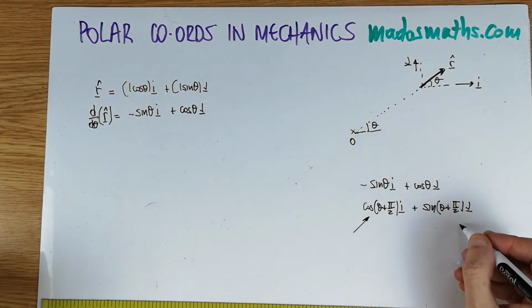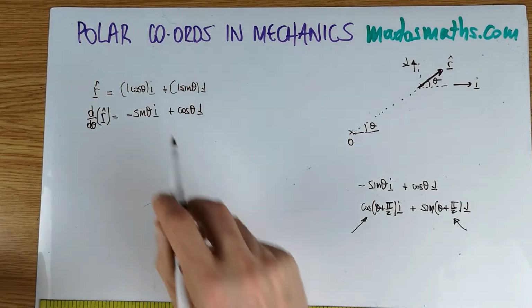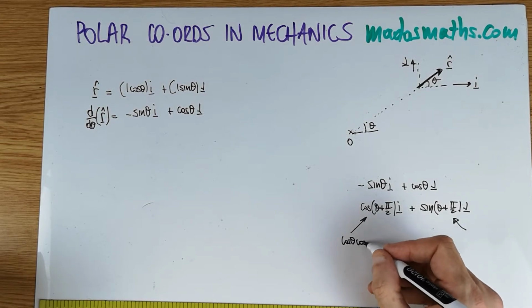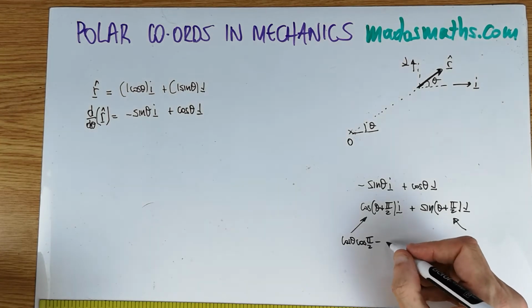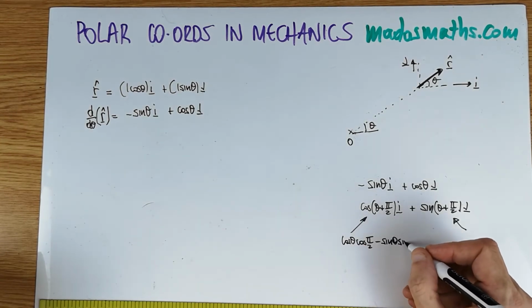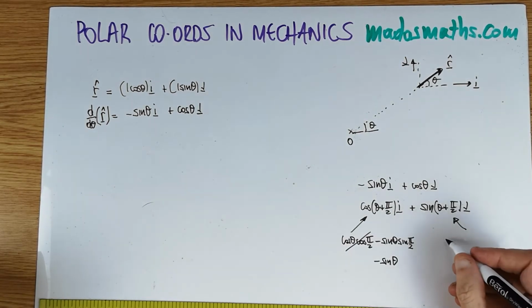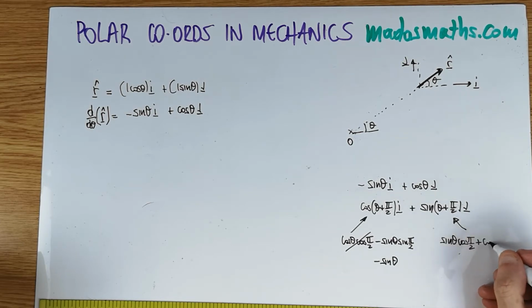Let's check these bits and verify it does take us to cos theta and sine theta in the i and j direction. This will give us the compound angle: cos theta cos pi over 2, minus sine theta sine pi over 2. Cos of pi over 2 is 0, sine of pi over 2 is 1, and therefore that gives me minus sine theta, indeed. Similarly this one: sine theta cos pi over 2 plus cos theta sine pi over 2.